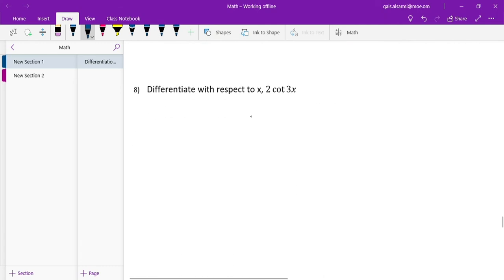Here, differentiate with respect to x: 2 cotan 3x. It's a very easy and very direct question. Try to think about it. What are you going to do? d by dx of 2 cotan 3x. Yes, perfect. Forget about the coefficient. Derivative of cotan is negative cosec squared times the derivative of the angle, which is 3.